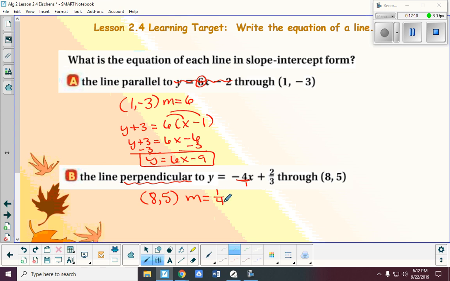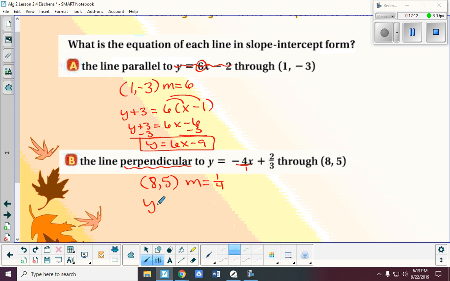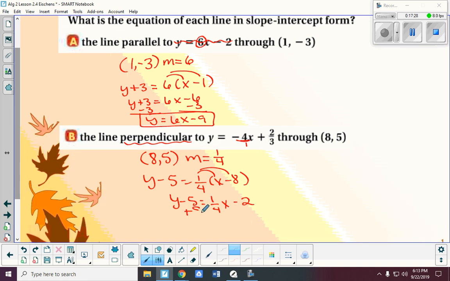Now we'll use the point slope formula. So y minus 5 equals 1/4 times x minus 8. And we distribute. And then 1/4 of 8 is 2. And then we'll just add 5, and we have it. So y equals 1/4 x plus 3.